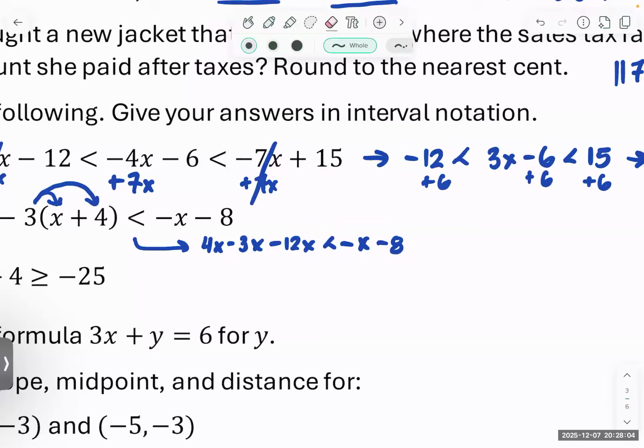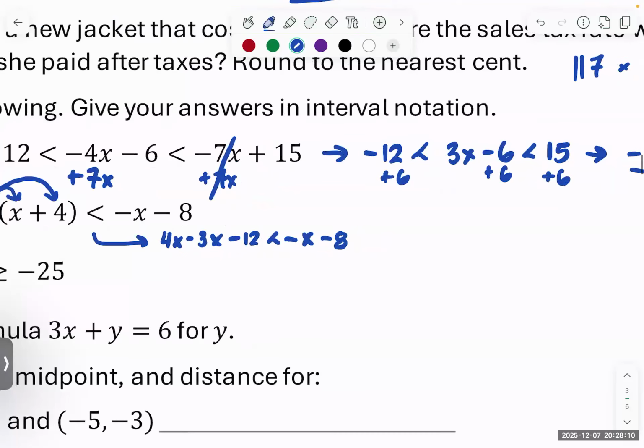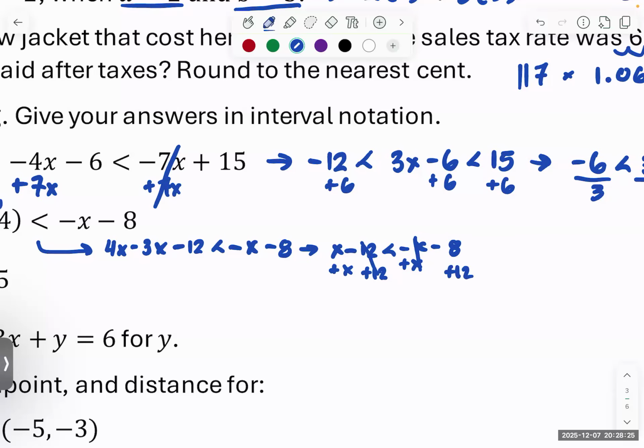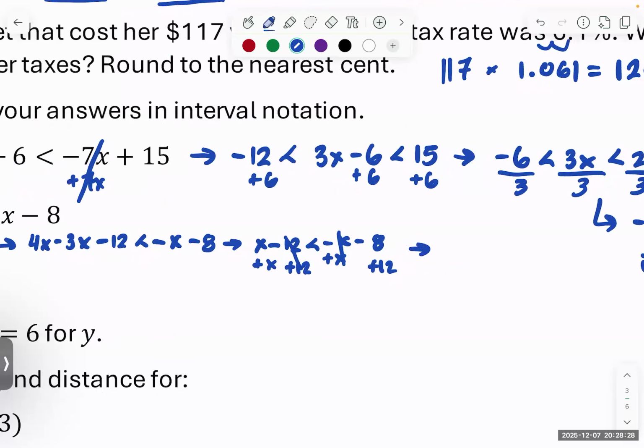I'm just going to go ahead and combine like terms. So this is x minus 12 is less than negative x minus 8. Let's go ahead, add x to both sides, add 12 to both sides. And here we get 2x is less than 4. Divide both sides by 2.